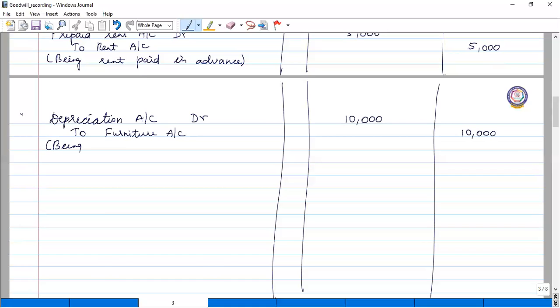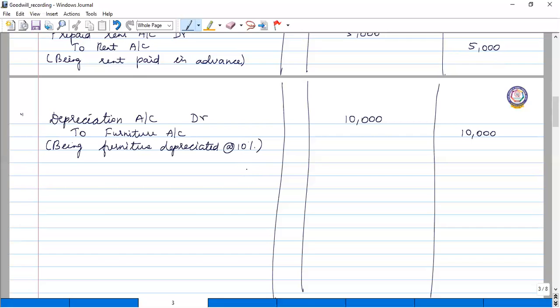Being furniture depreciated at 10%. Next is goods used in making furniture whose sales price is rupees 5,000 but the actual cost is rupees 4,000.